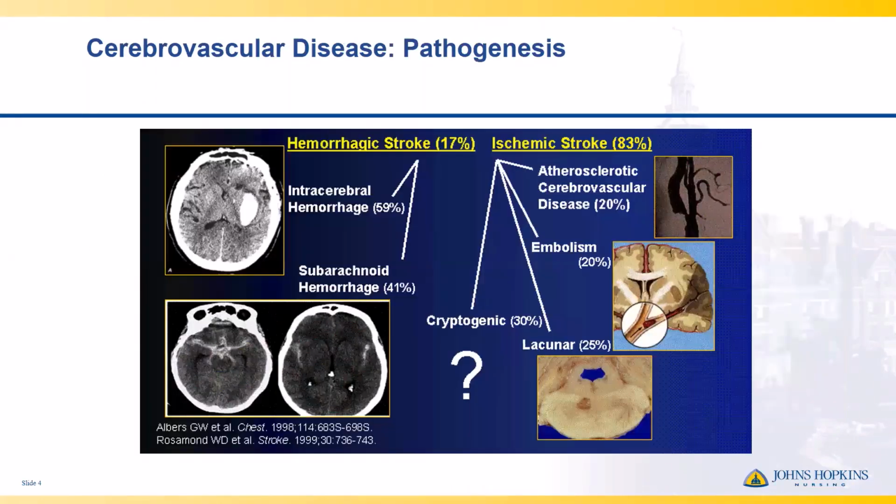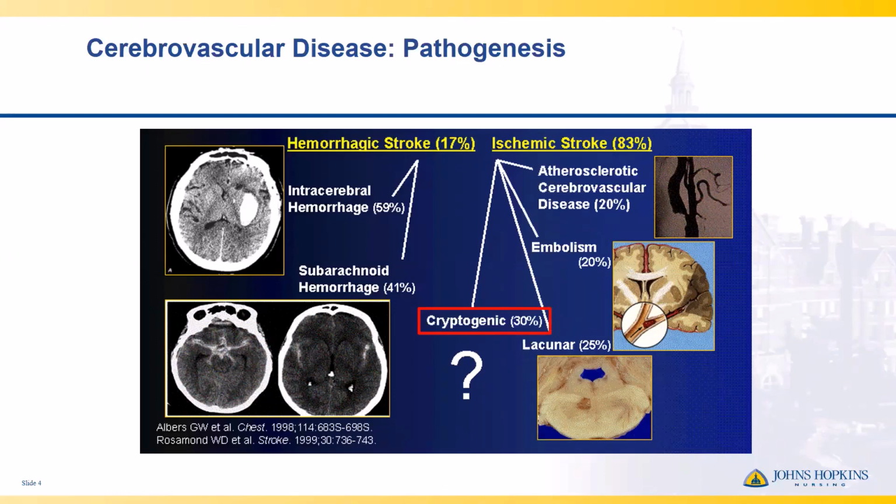So when we look at the pathogenesis of ischemic stroke, this accounts for nearly 85% of all strokes. Of the 85%, 20% are caused by atherosclerosis, so plaque buildup in your arteries. 20% of the ischemic strokes are caused by embolism, most usually from the heart as a cardiac embolism due to atrial fibrillation. 25% of strokes are lacunar strokes, and these are small vessel strokes usually caused by high blood pressure or uncontrolled high blood pressure.